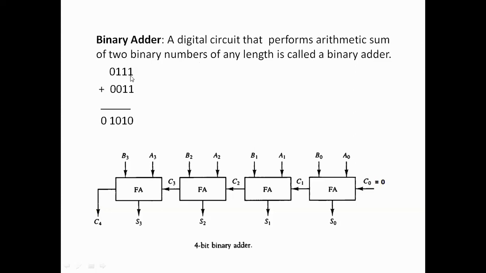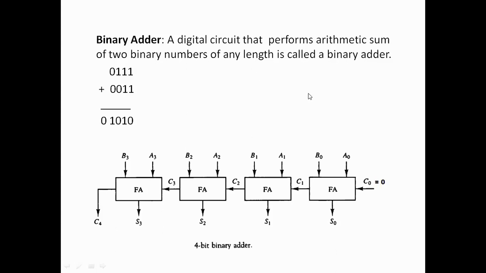And then there is another number here. Then if we add them, we have to add first these, then these, then these, in a serial way. So a circuit which performs such an operation is called a binary adder. So we say it is a digital circuit that performs the arithmetic sum of two binary numbers of any length.